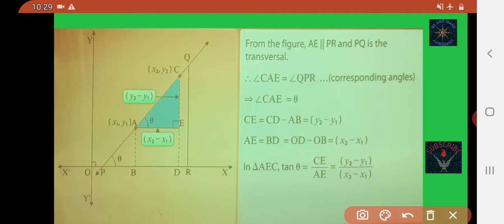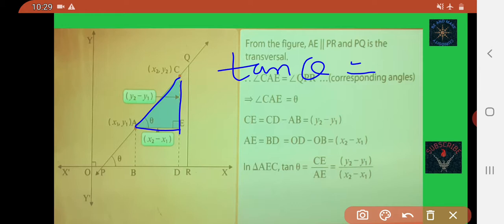So tan theta for this angle and tan theta for this angle are equal. Now in this right angle triangle you can easily find tan theta, which is P by B, perpendicular by base. Here the perpendicular is CE and the base is AE.